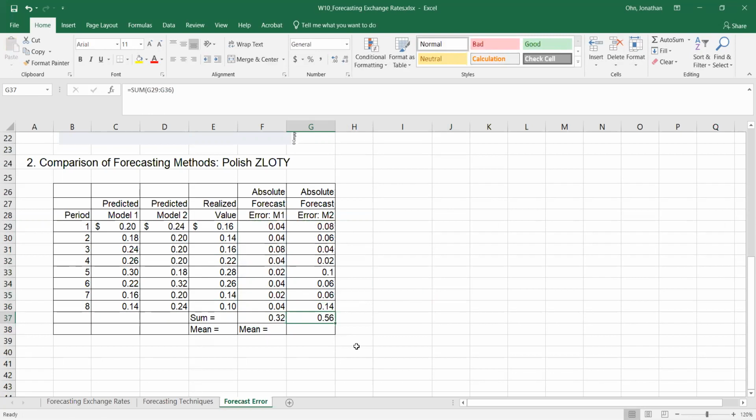So you can get the feel. Then also the average of model 1 versus model 2. Based on this calculated absolute forecast error, which one do you think performs better here? Absolutely, model 1 performs better, quite a bit better.